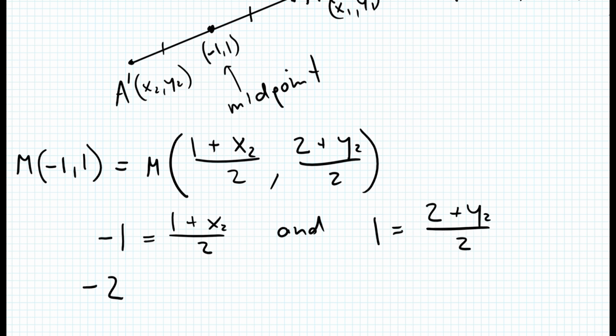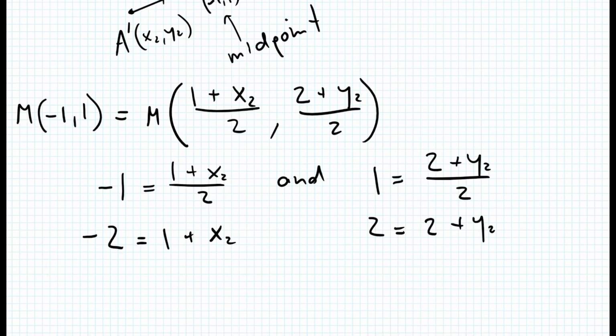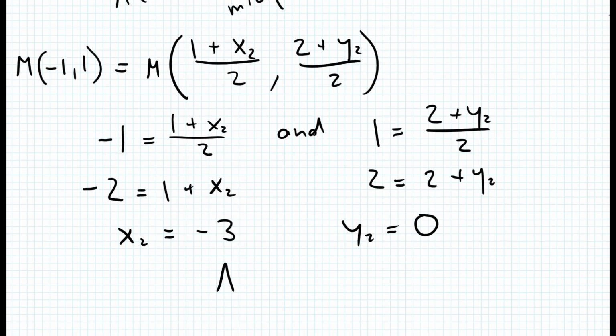That means that -2 here has to be equal to 1 + x2, and in this case, 2 equals 2 + y2. So that means that x2 in this case is going to be what? Well, subtract 1 on both sides, you end up with -3. And y2 is just going to be 0. Okay, we actually just found A prime, which is (-3, 0), okay?